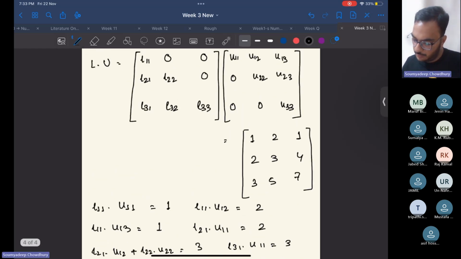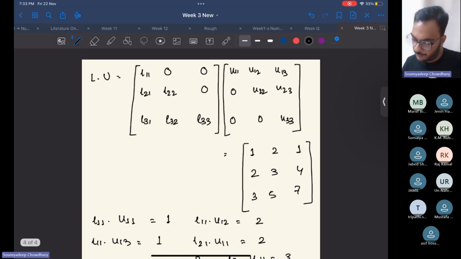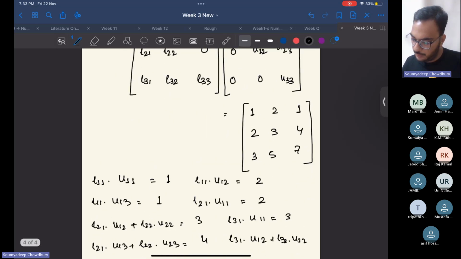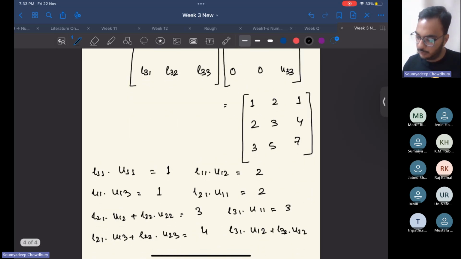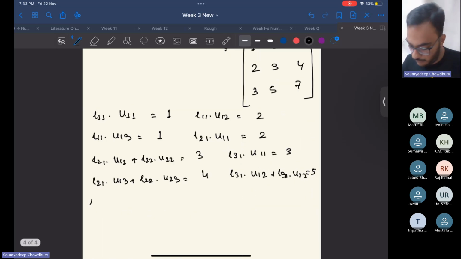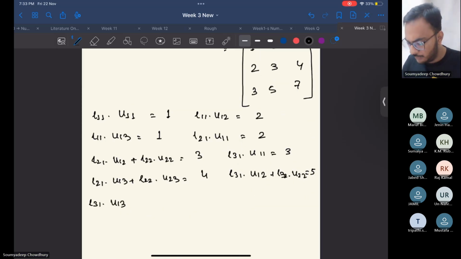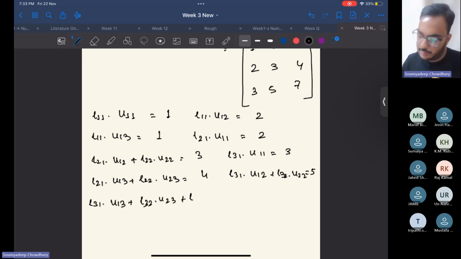Okay. L31 U11 plus L32 U22 equals to 5, and the last one is all elements will be there, plus L32 U23 plus L33 U33 equals to 7.